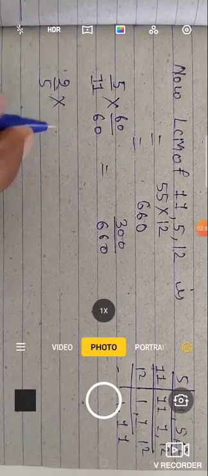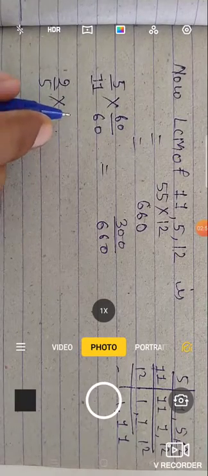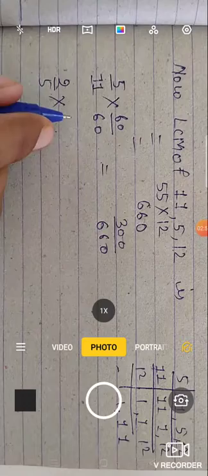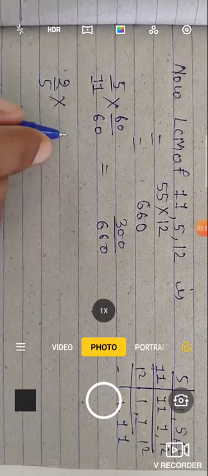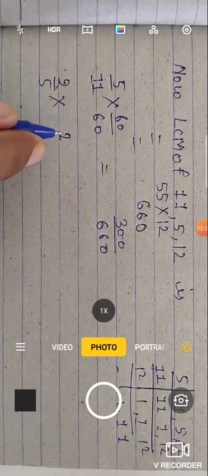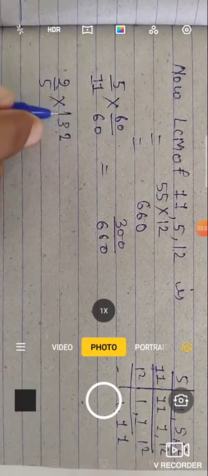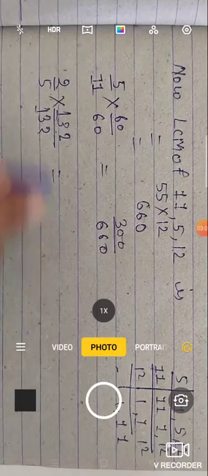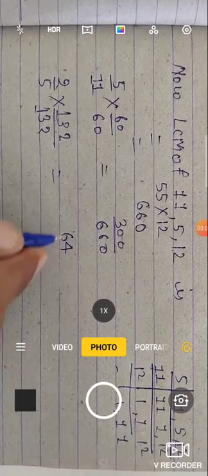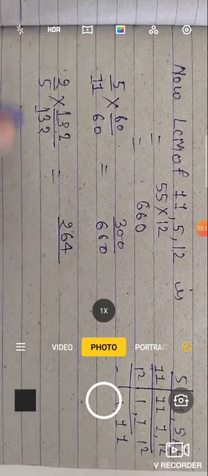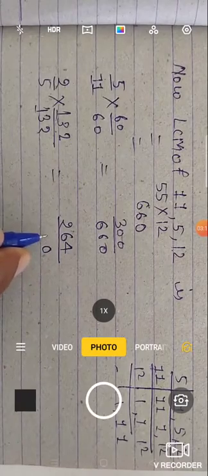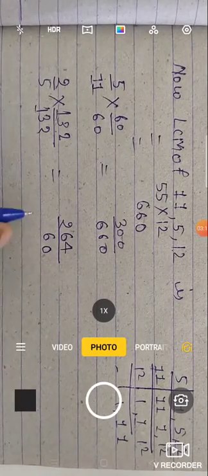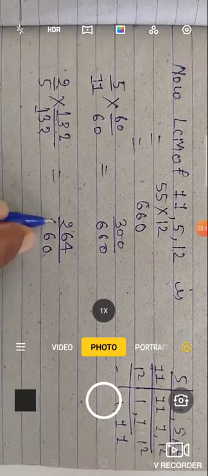So multiply by 132. So that is 2 fours are 8, 2 threes are 6 and 2 ones are 2, and 5 twos are 10, 5 threes are 15 and 1 is 16, and 5 ones are 5 and 1 is 6.